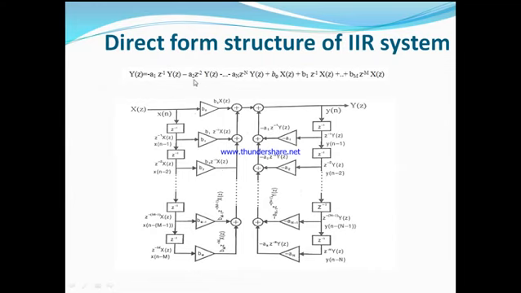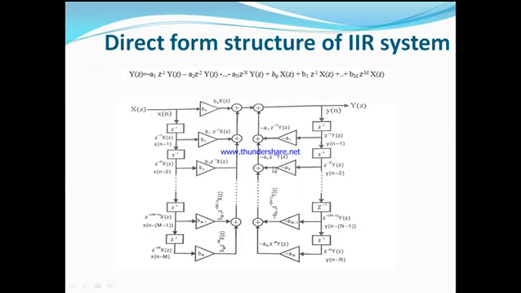Next, the second term, minus a2 into z power minus 2 into Y of z. This same value is given to another delay z power minus 1, so you will get z power minus 2 into Y of z. Again this value is multiplied with minus a2, so you will get minus a2 into z power minus 2 into Y of z.